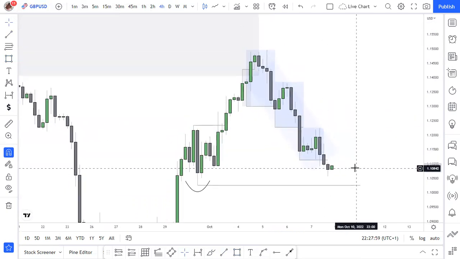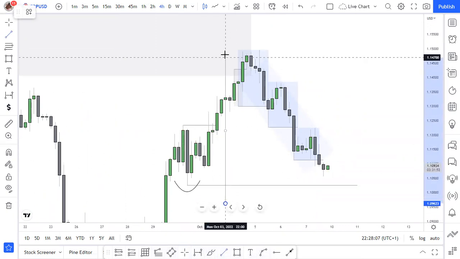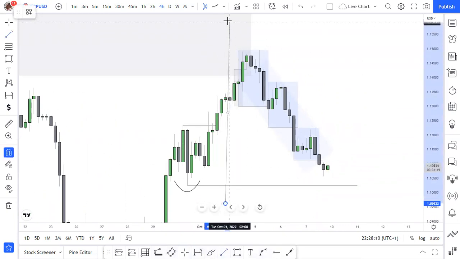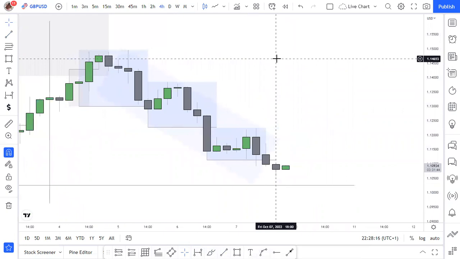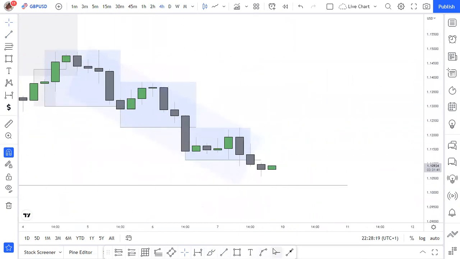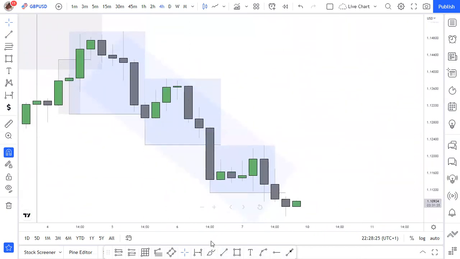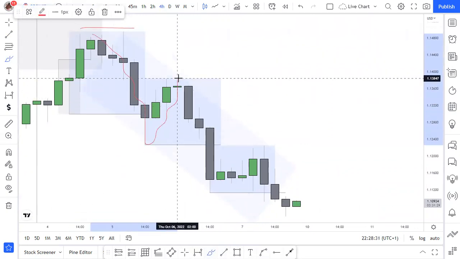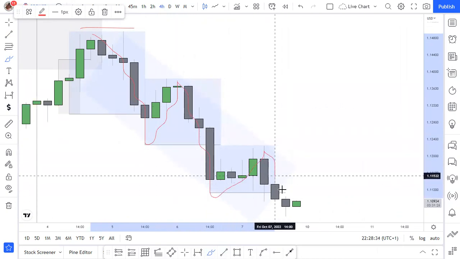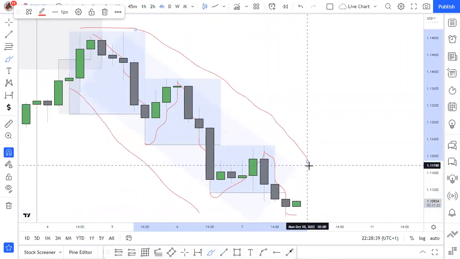If you look at structure, if we try to ignore what happened here, if you just focus on what happened here, we can even say that we have a bearish market structure in the sense that we have this high here, price has now pushed down. We have a lower high, lower low, lower high, lower low. It makes sense to read the structure this way and see that we are bearish.